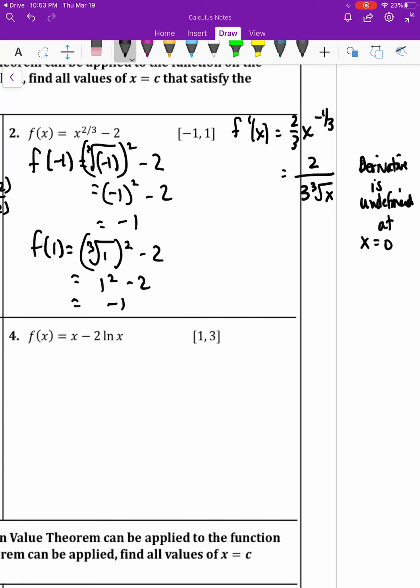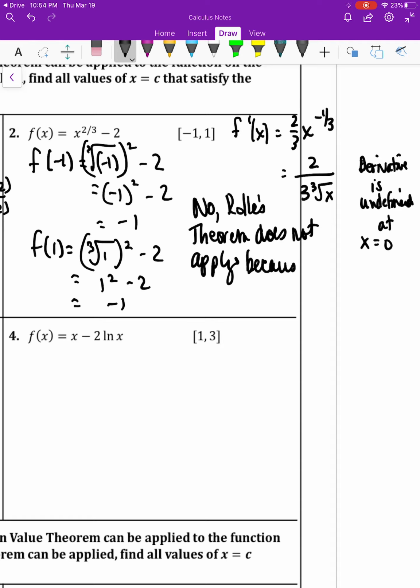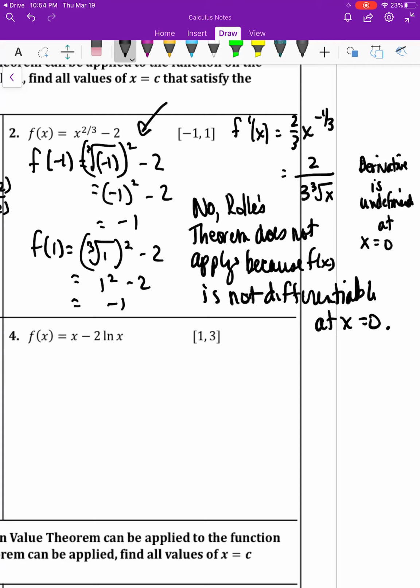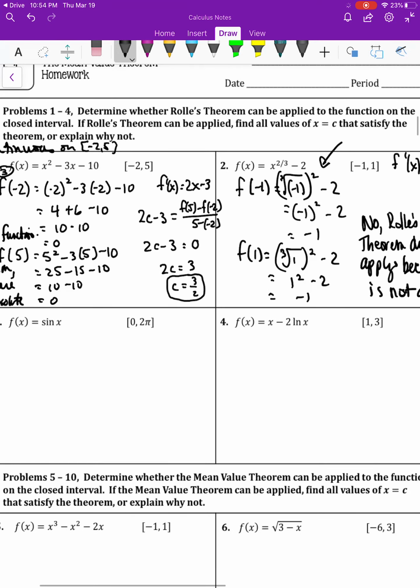They both, f of -1 equals f of 1, but no, Rolle's theorem does not apply, because f of x is not differentiable at x equals 0. So you actually didn't have to do those because I already knew that the derivative wasn't going to work, but I just thought I'd do it just to show you. Okay.